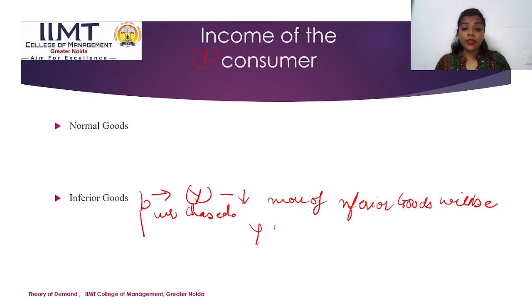As the income increases, the demand for inferior goods will decrease, but the demand for normal goods will increase.